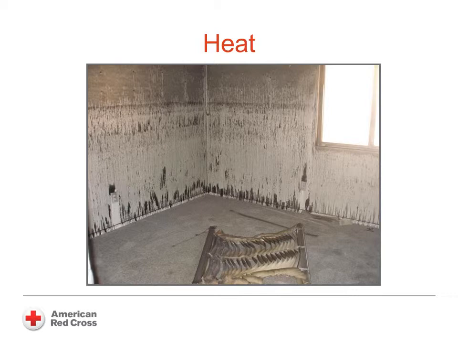What heat will do, and where it really comes into play, is when we're conducting an assessment in a kitchen, based on the contents of food and things like that. So we're going to talk a little bit more about heat damage as we go into where to assess and assessing in a kitchen. But in order to ascertain proper heat damage, you really have to look to the environment around the rooms that you're assessing for clues based on how hot the fire was.